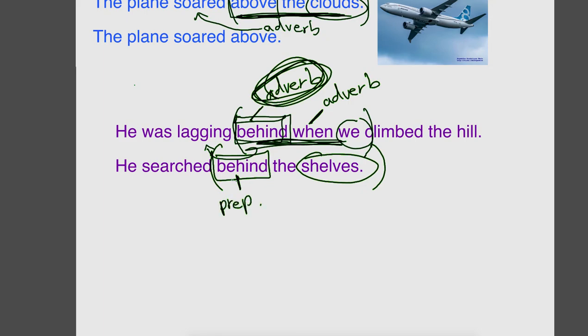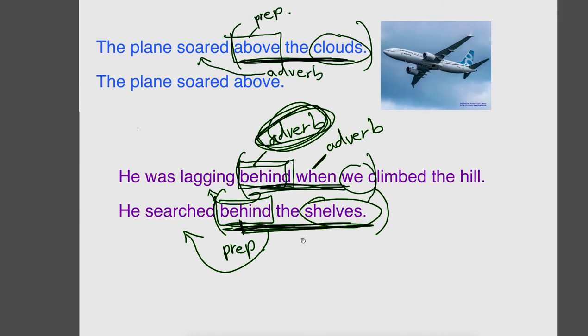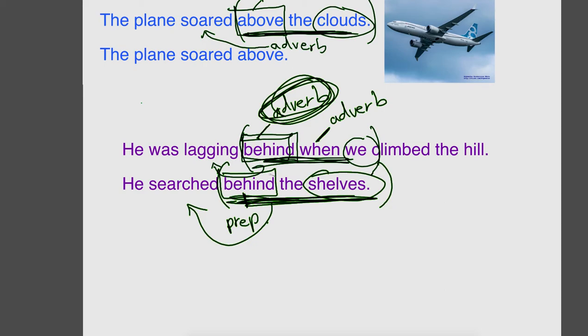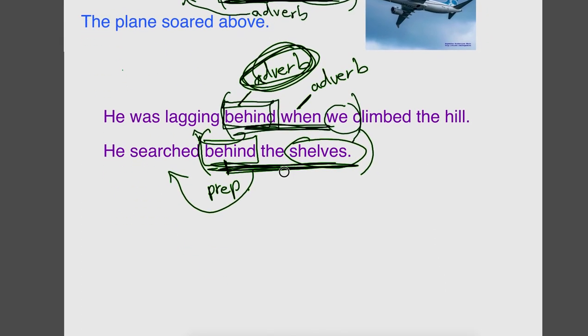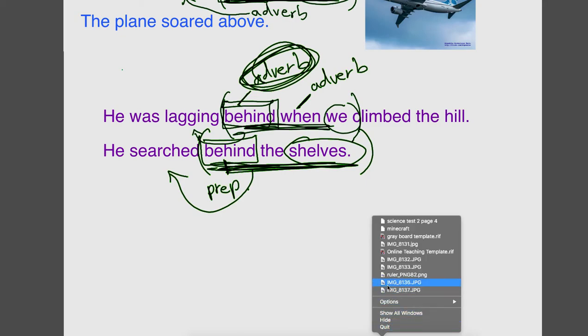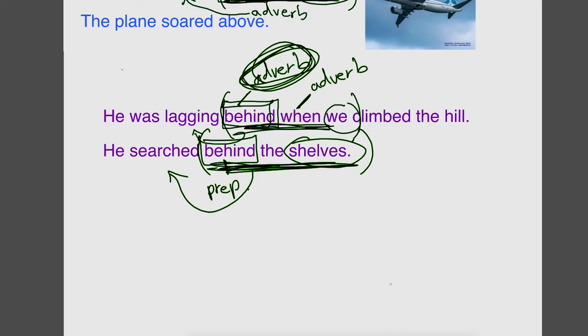So let's see if this phrase, behind the shelves, could act as an adverb describing searched. He searched where? Behind the shelves. Yep. Okay. Yeah, so that works. So behind is a preposition. If you're confused about that, don't worry. There's only maybe like one or two problems that you might have trouble with.